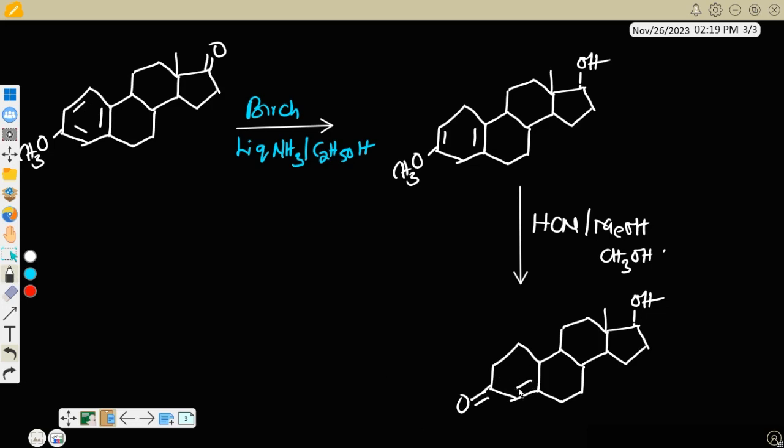This group falls into the position it ought to be. Then we'll have OH. And then the last step is to use the organolithium reagent. Told you what the organolithium reagent will do. It will actually attach itself to this position. Is that okay?